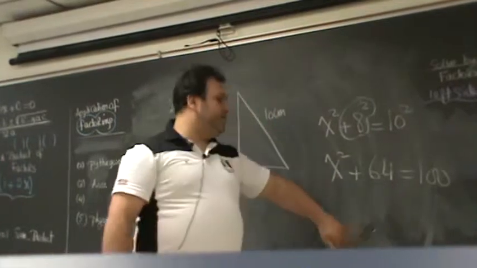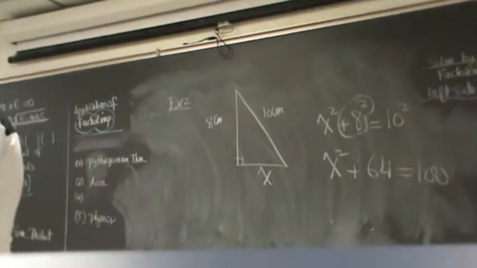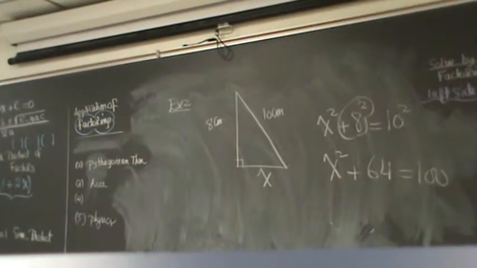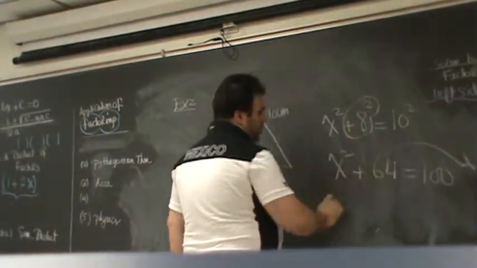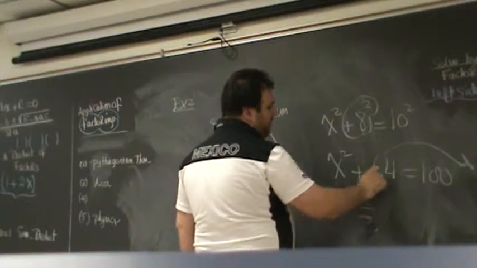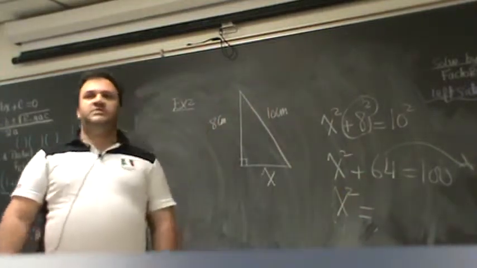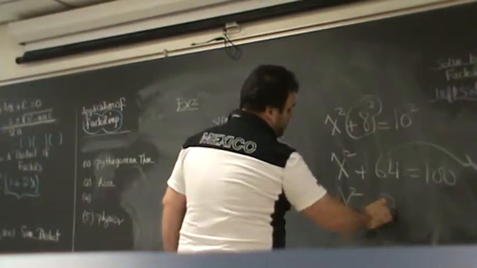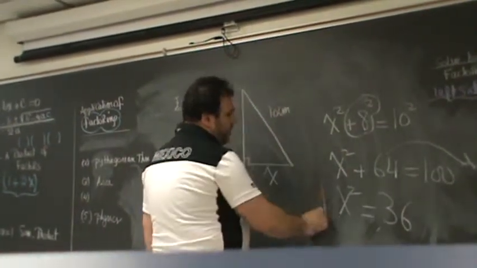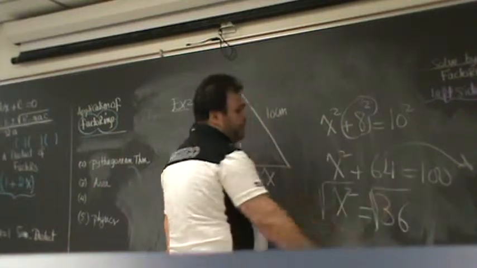So now what's going to happen is, I need to isolate that x squared, right? And how am I going to do that? Transpose the what? X squared equal to 100 minus what? 64, which is? 36. Sure. 36. So if you apply a square root on both sides, what's going to happen now?